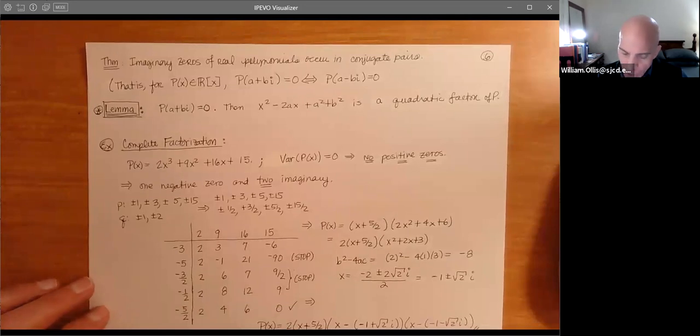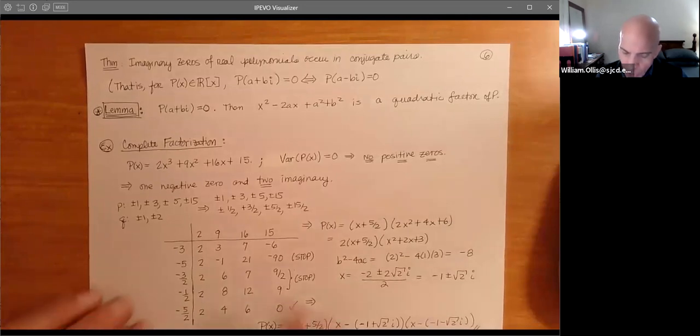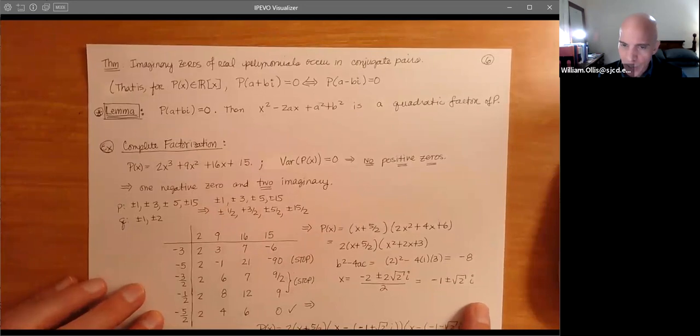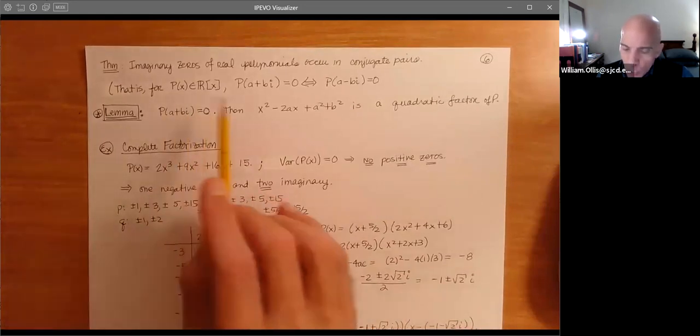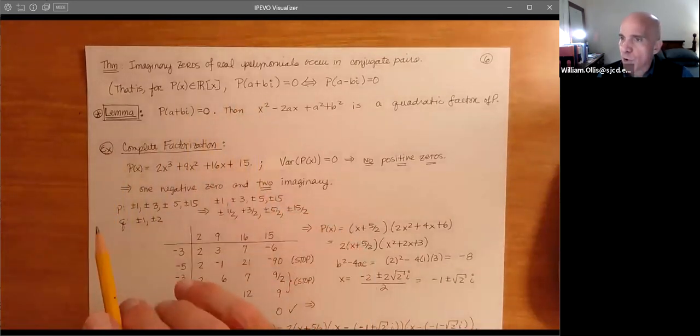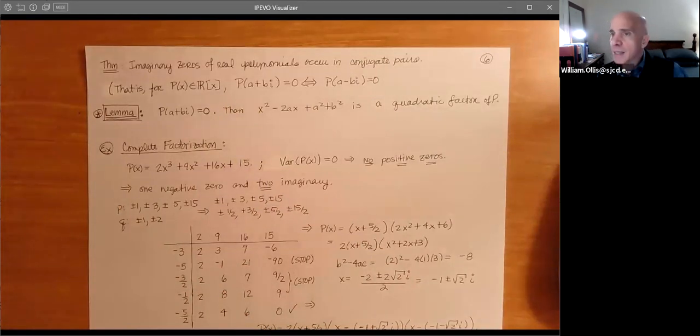Now, what I wanted to do here, again, we're going to do more with the complete factorization, but I just wanted to remind you of some results that we've already been talking about, and they're not difficult to prove. The idea here is that lots of the results that we use in this class are well within our power to prove.